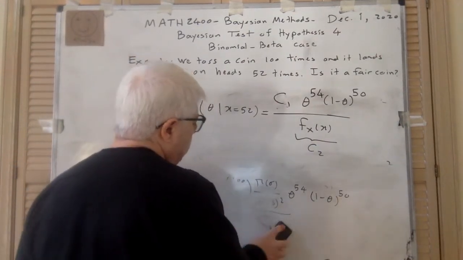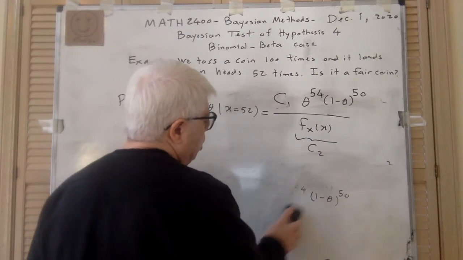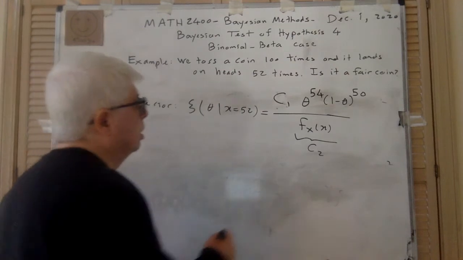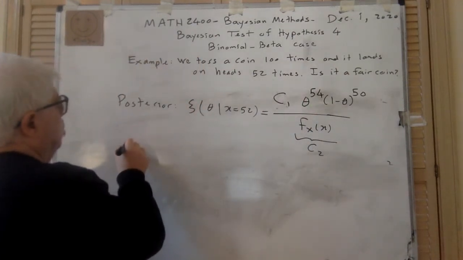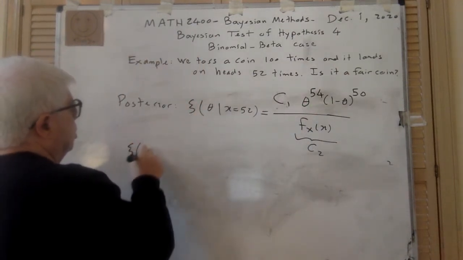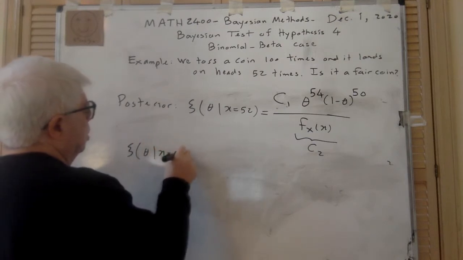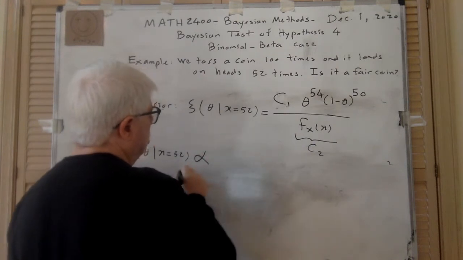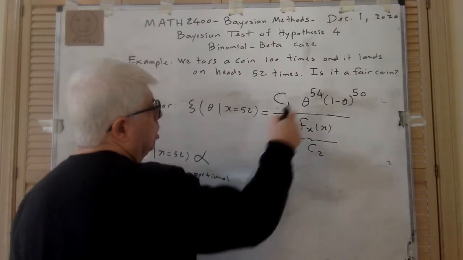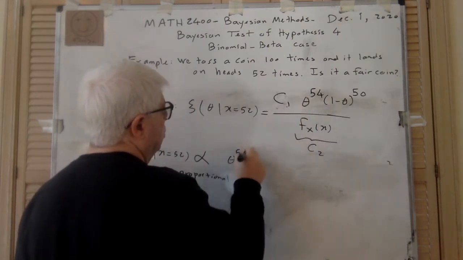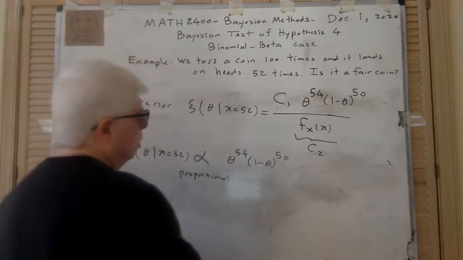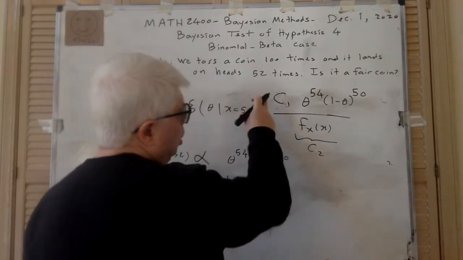So what I see here, if I just ignore the constants, the PDF, which is this thing, is proportional to theta to the power 54, 1 minus theta to the power 50. I'm just ignoring the constants.